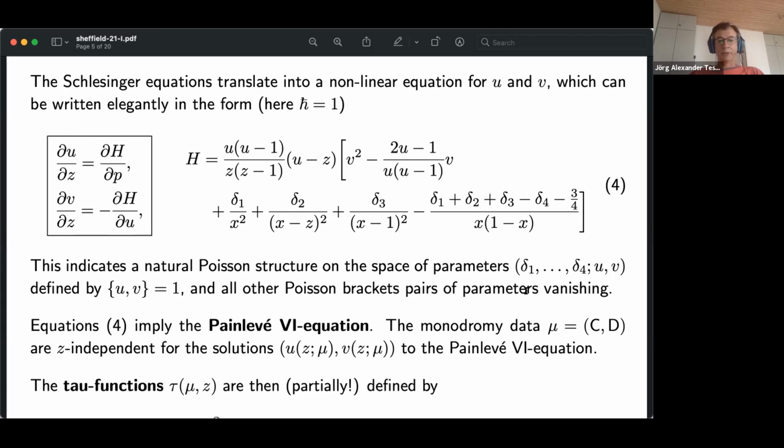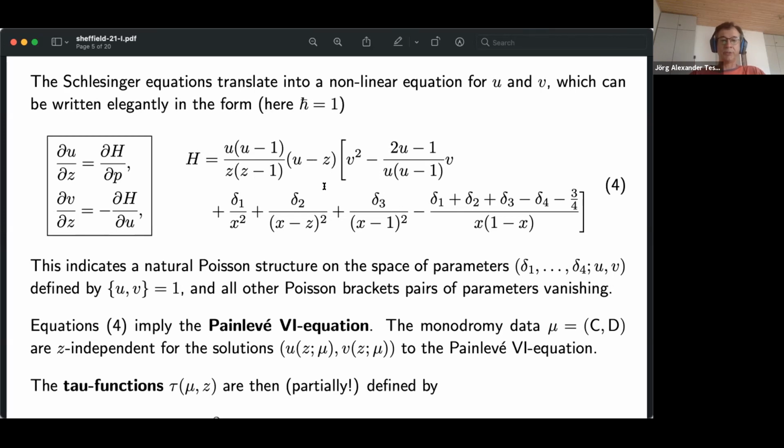All right, and sometimes it is interesting to keep in mind that we have these extra parameters which describe eigenvalues at punctures, delta 1 to delta 4. So let's not completely forget about them. That is here the parameters, having fixed, to be precise, the position of this movable puncture z.